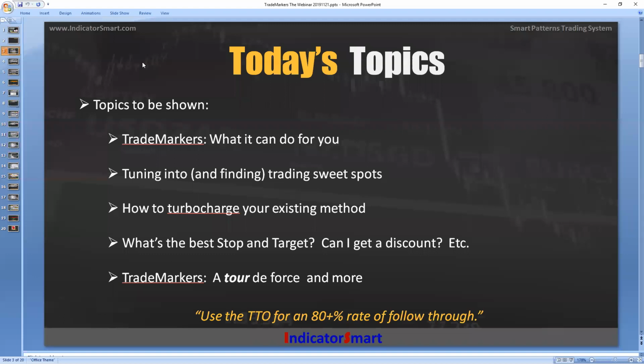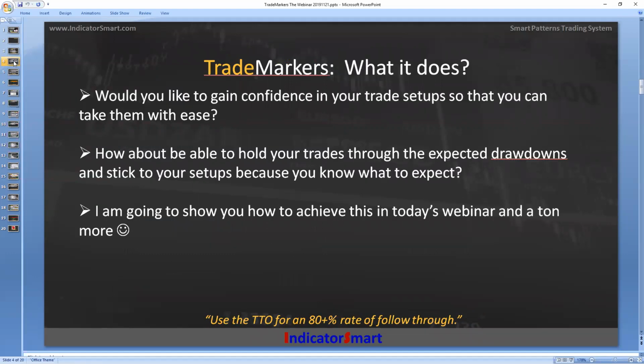What's the best stop to use? What's the best target? How much more is there that I'm not taking that I could be taking? Can I get a discount? Or am I finding places on the chart that are so efficient that I can't even get in at a discount? And so we're going to take a tour, if you will, of trade markers and the features that are in it.